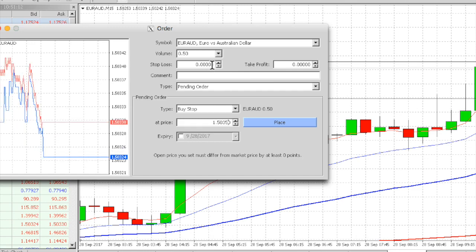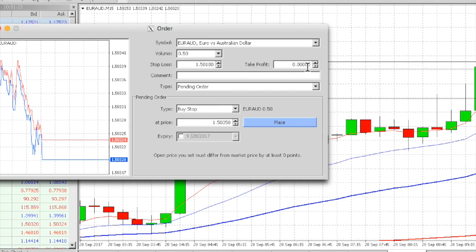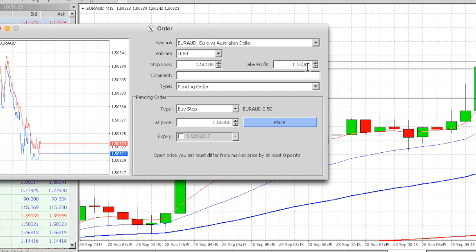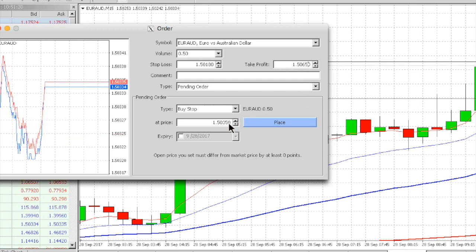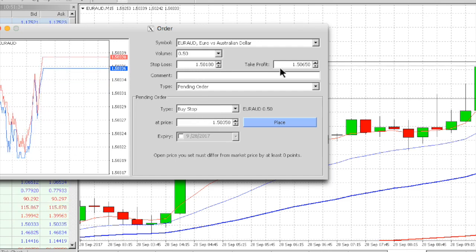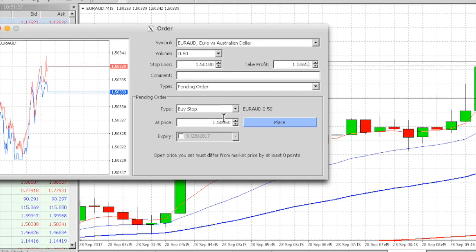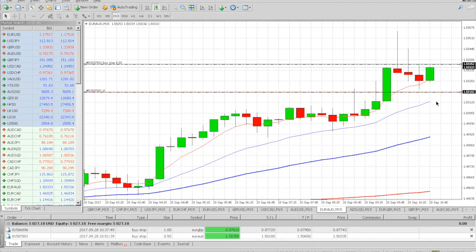My stop loss, I'll put it at 1.5018, and my take profit would be at 1.5065. So there you go. Put in 3 orders: your entry price, which is a buy stop, stop loss, take profit. Once you're ready, place the order. Boom.